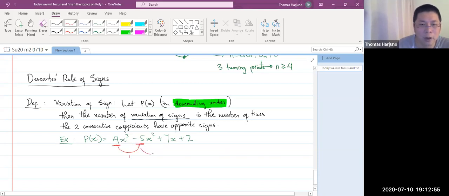From negative 5 to positive 7, we change another one time. Now from positive 7 to positive 2, it doesn't change. So there are two variations of signs.